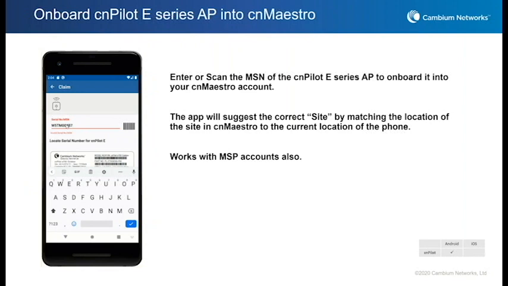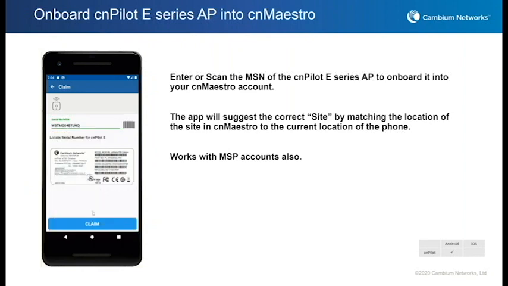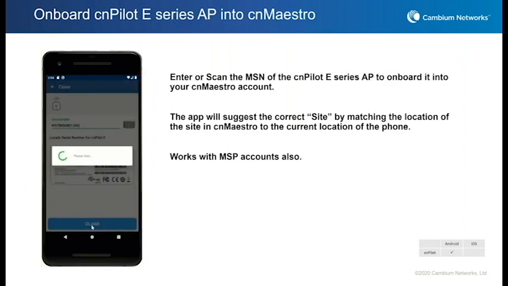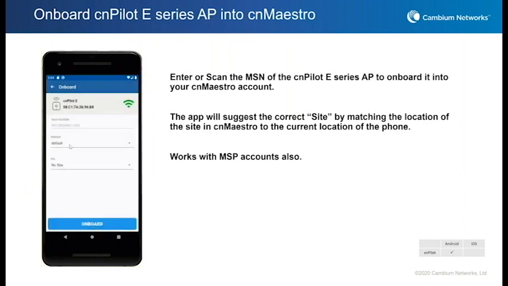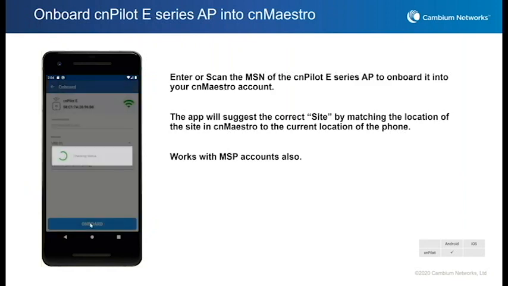So you don't have to do an explicit action to map that particular AP to the correct site. If you use the app, all the APs being deployed automatically show up in the correct site in cnMaestro. It's similar to what we do with SM, where all the SMs show up at the correct GPS coordinates on the map.